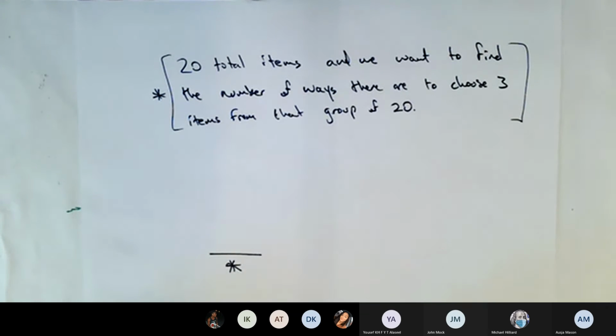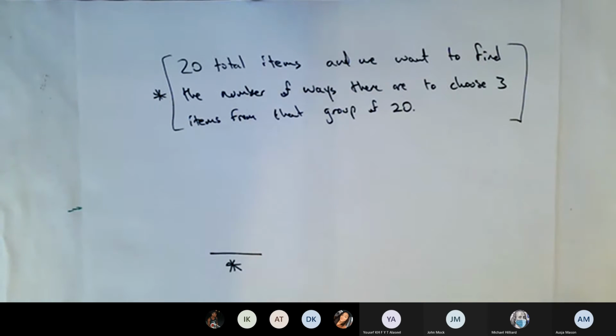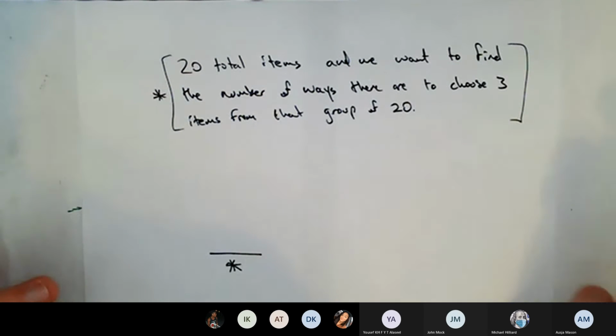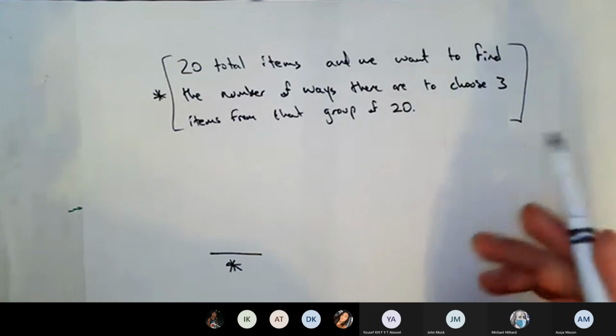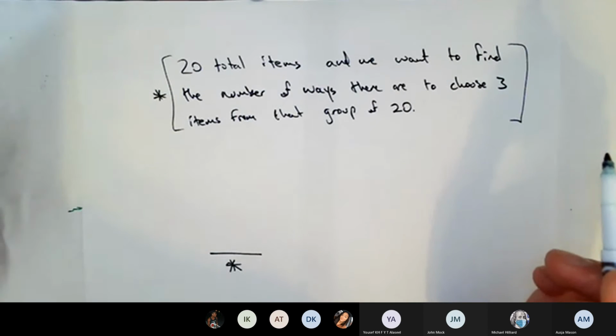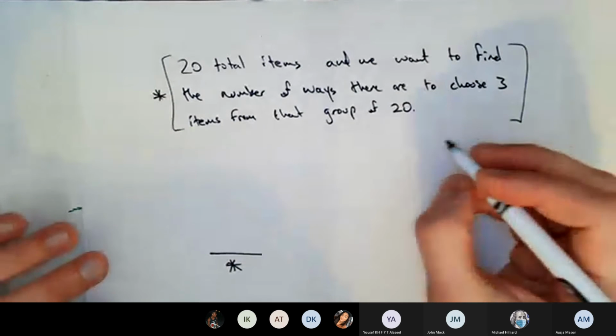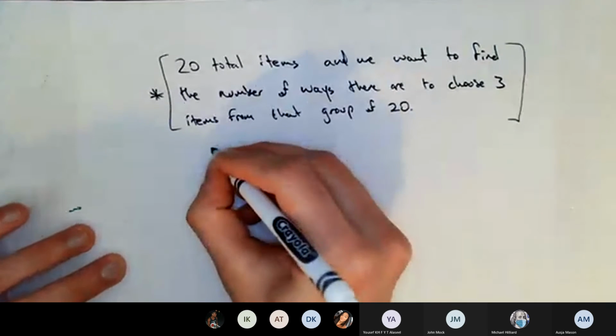In order to answer that, you ask, does order matter or not? Since order doesn't matter because we're talking about pizza toppings, and they're not ranked, we use a combination.